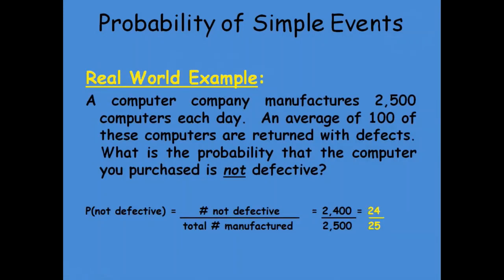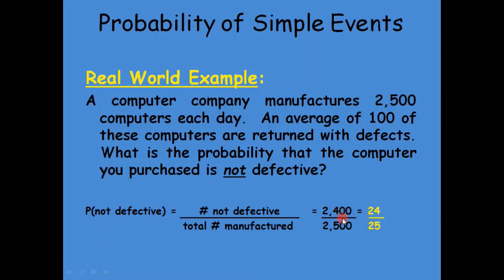Now this is a real world example. A computer company manufactures 2,500 computers each day. An average of 100 of these computers are returned with defects. What is the probability that the computer you purchase is not defective? Probability of not defective equals the number of non-defectives over the total number of computers. The computers which are not defective number 2,400 and the total number of computers is 2,500.